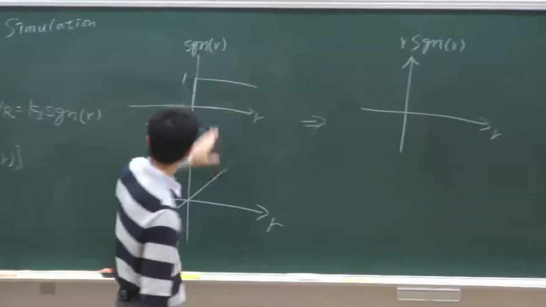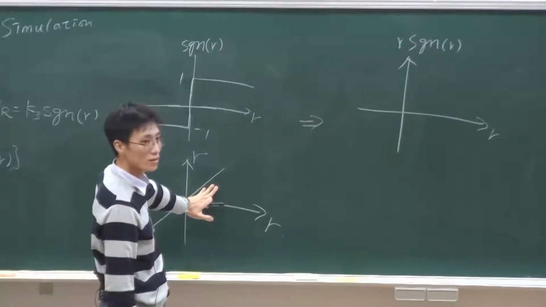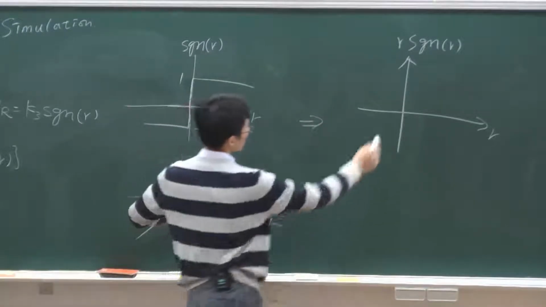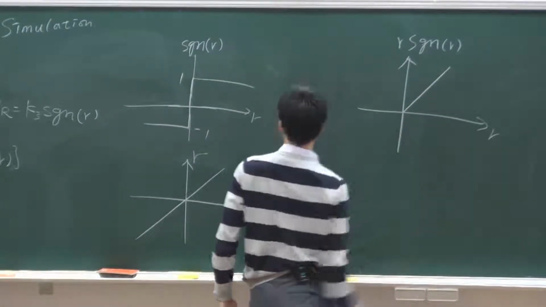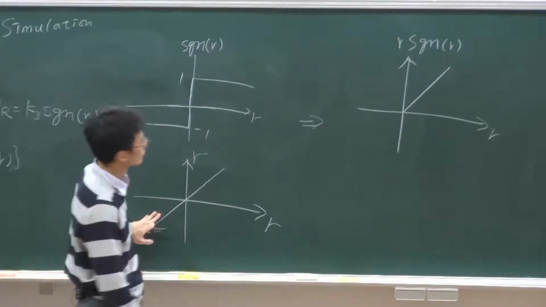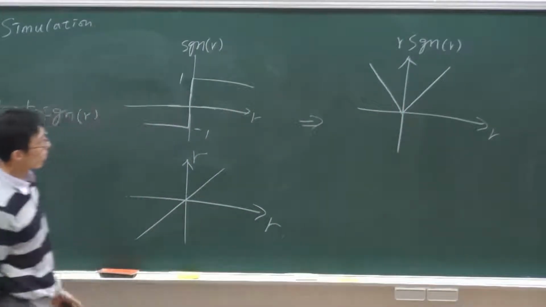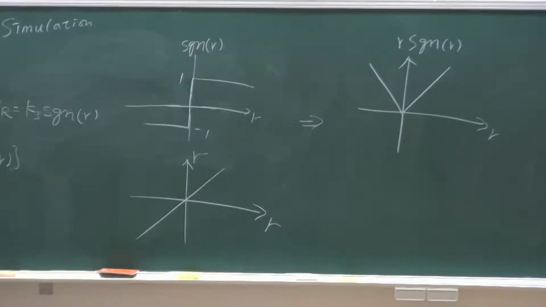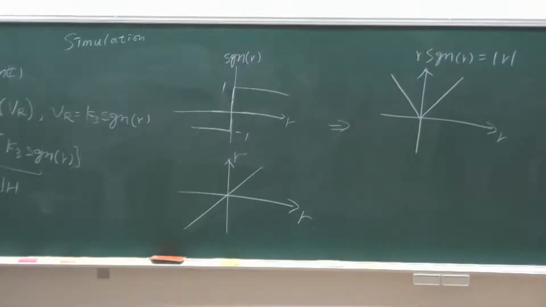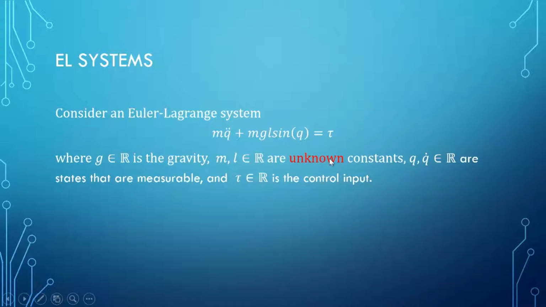So here's positive 1, here is R, and that's negative. So no matter where R is, R sine R will be the absolute value of R, and that's the equal sign, there's no upper bound.